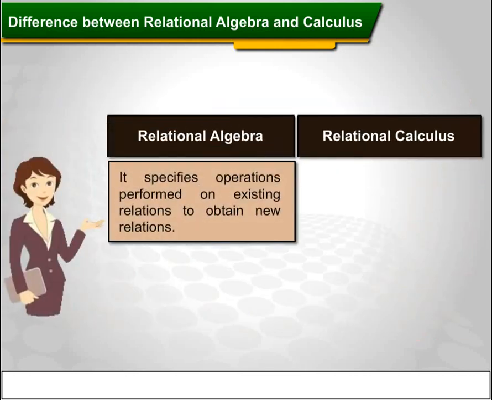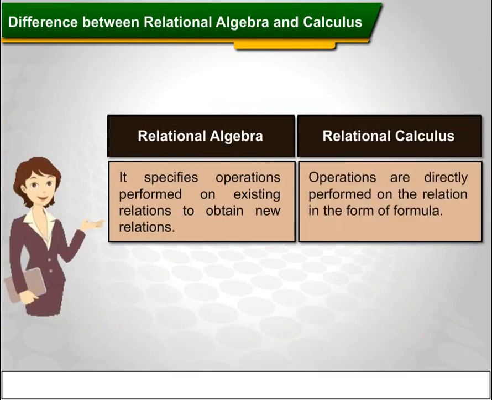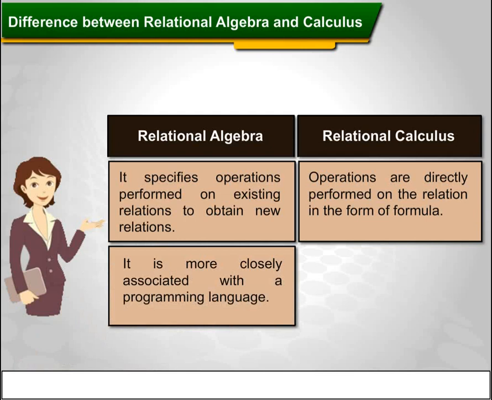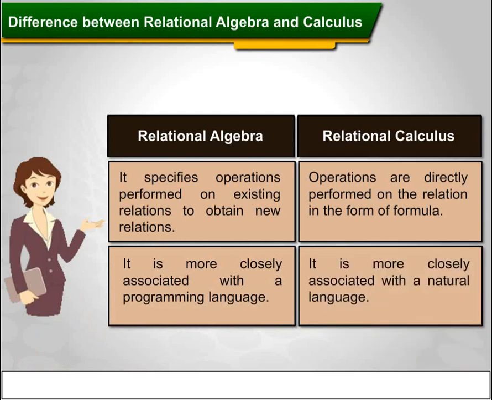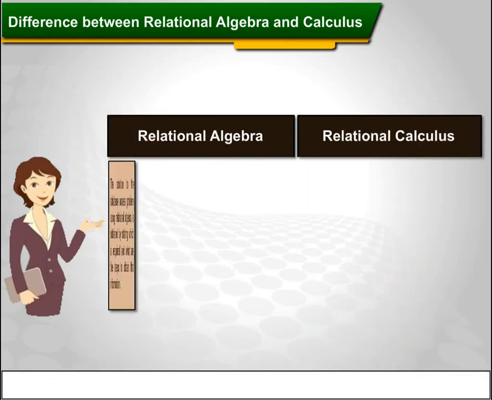Algebra specifies operations performed on existing relations to obtain new relations, while in calculus operations are directly performed on the relation in the form of a formula. Algebra is more closely associated with a programming language, while calculus is more closely associated with a natural language.